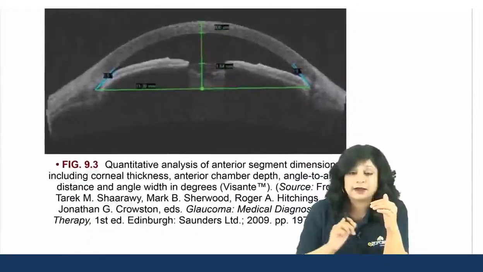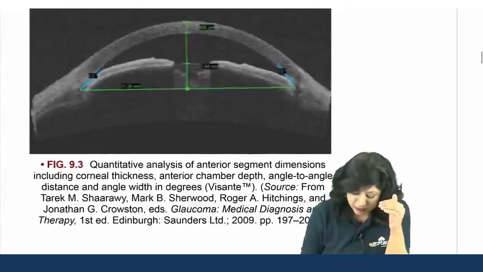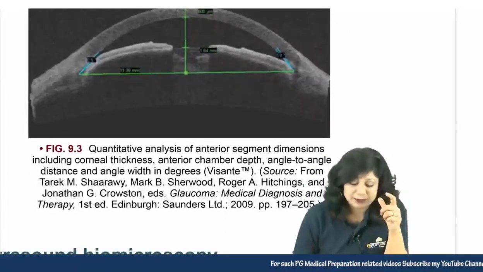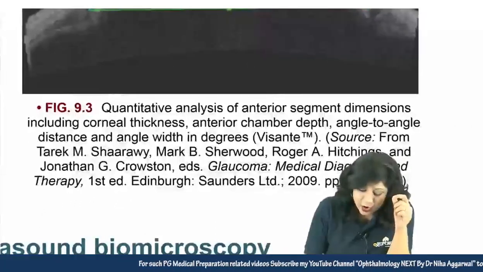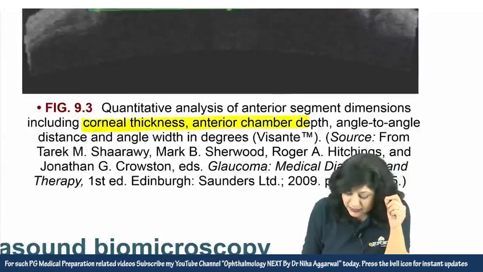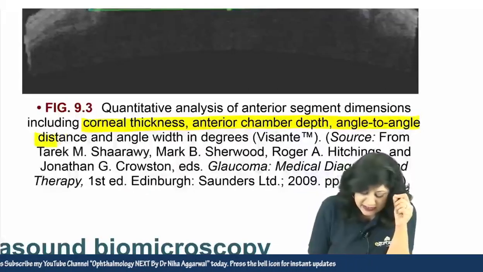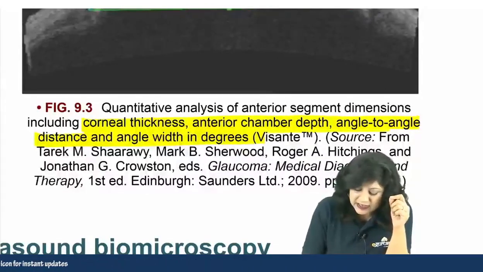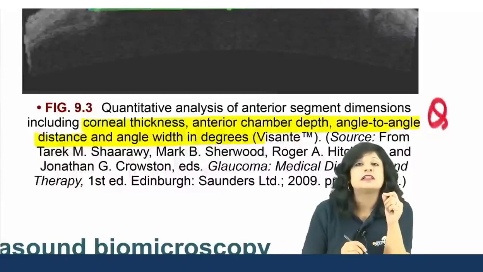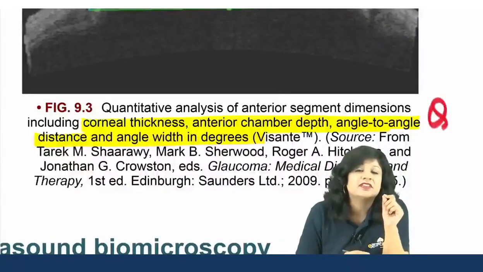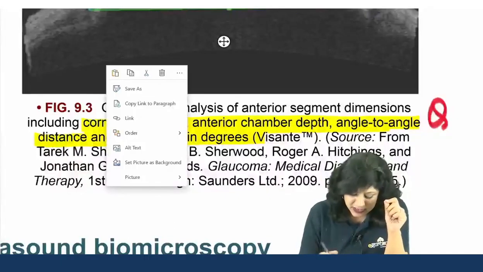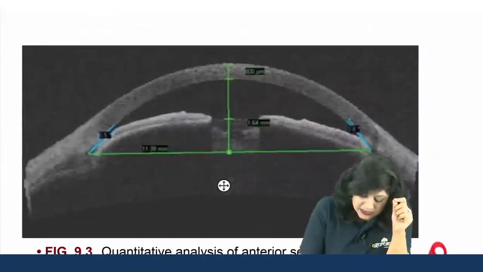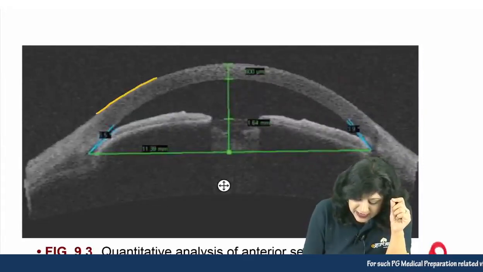If you look here, this is the quantitative analysis of the anterior segment thickness. So what are the things I can measure here? I can see the corneal thickness, anterior chamber depth, angle to angle distance, and angle width in degrees. This could be asked as a question: what are the things that you can see with the help of anterior segment OCT? See, these are the layers of the cornea.